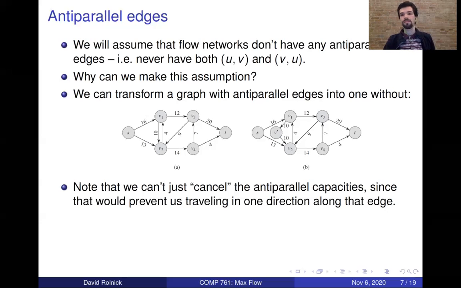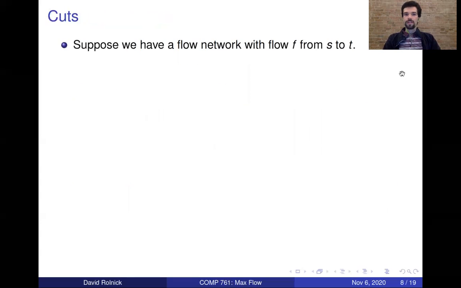Okay, unless there are more questions, let's move ahead. Cuts. So suppose we have a flow network with flow f from S to T. Oh, there's a question. I guess canceling also doesn't make sense because you could have anti-parallel edges with equal capacity.